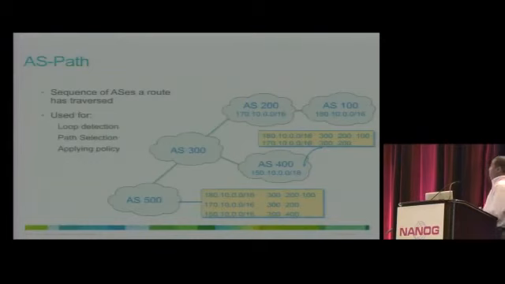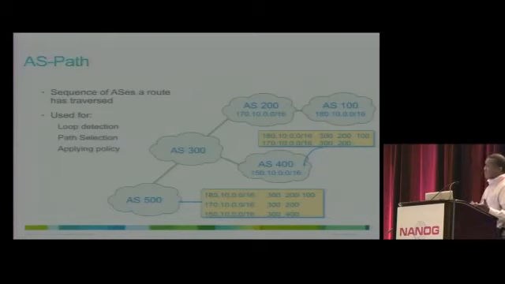So one of the attributes is AS-PATH. AS-PATH is a sequence of ASs that you have to traverse to reach that particular route. For example, in this particular case, to reach 180.10.0.0/16, a router in AS500 has to go through AS300, AS200, and AS100.